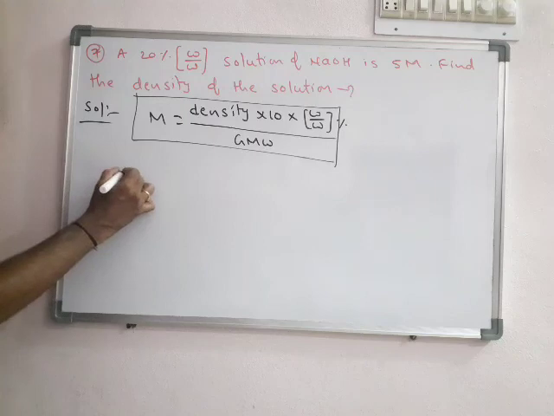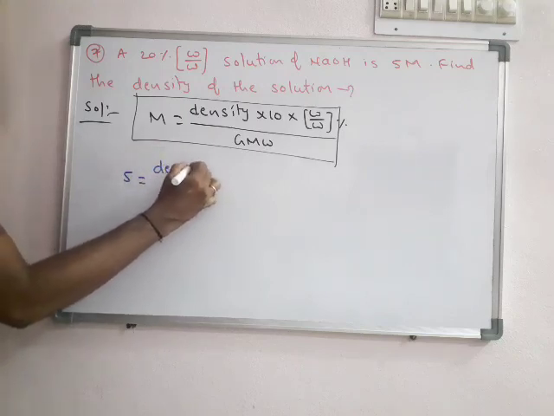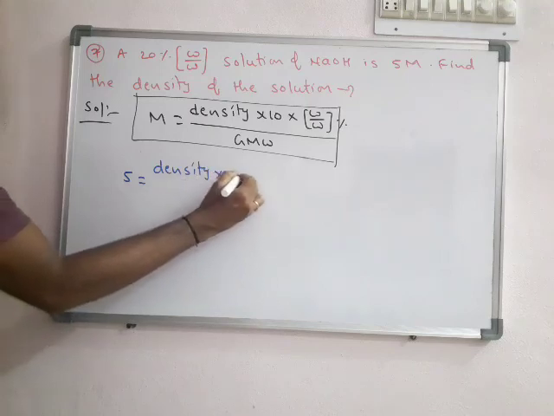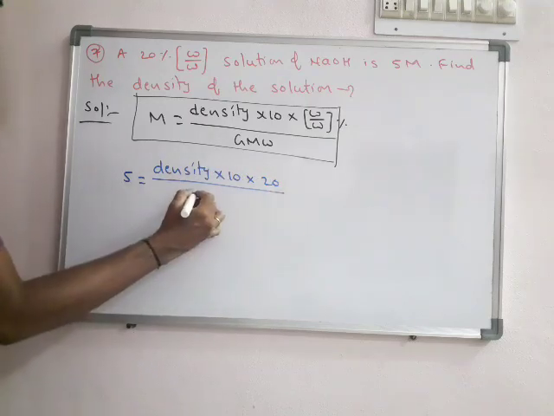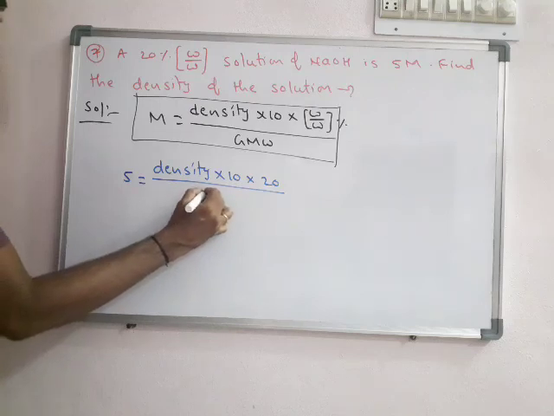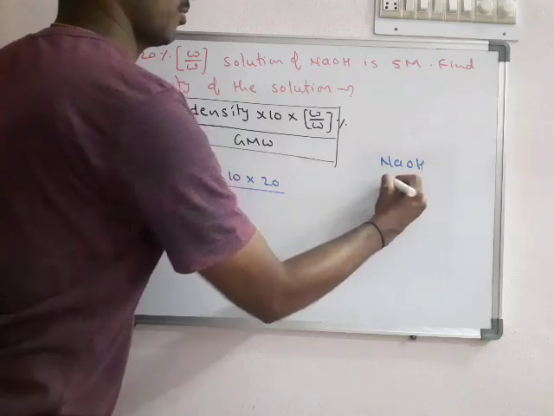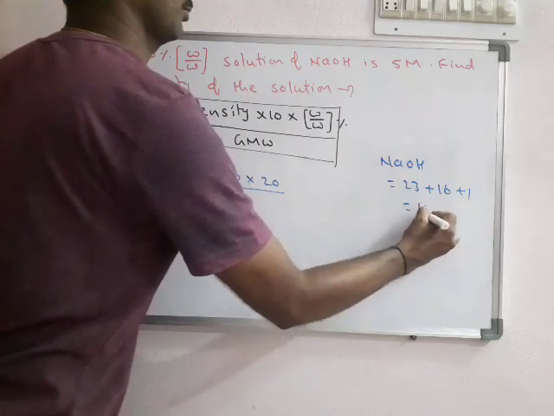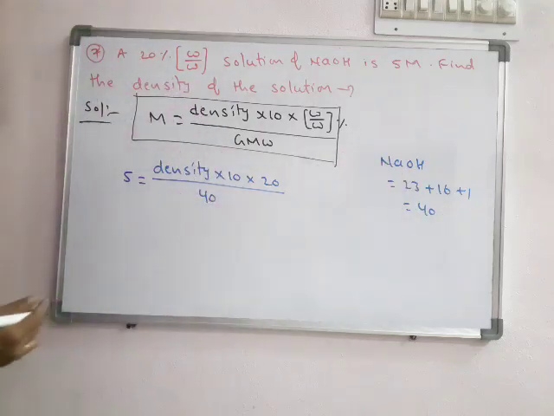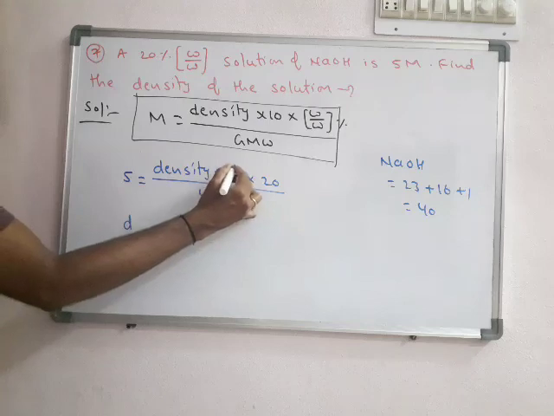The molarity is given as 5, and we have to find the density. The weight by weight percentage is 20. What is the gram molecular weight of sodium hydroxide? That is 40. Sodium is 23. You need to remember atomic masses, otherwise we can't do the problems.